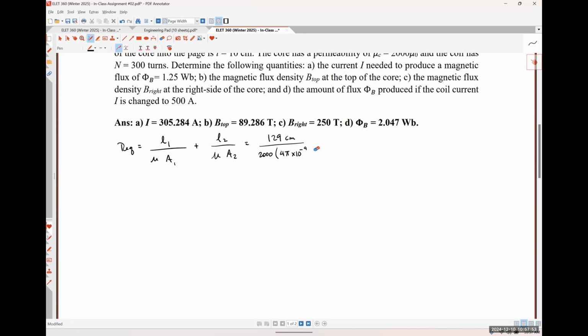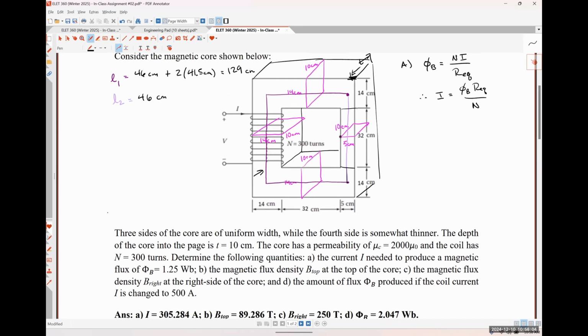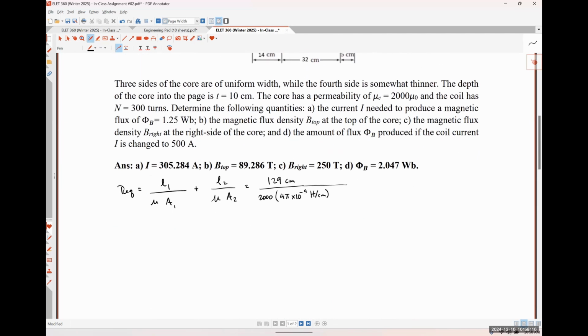So let's write it down as henries per centimeter right now, and we'll play around with the units here in a moment when we need to. And then our cross-sectional area for this section, so this is what A1 is, and this guy over here is A2, is just 10 centimeters times 14 centimeters.